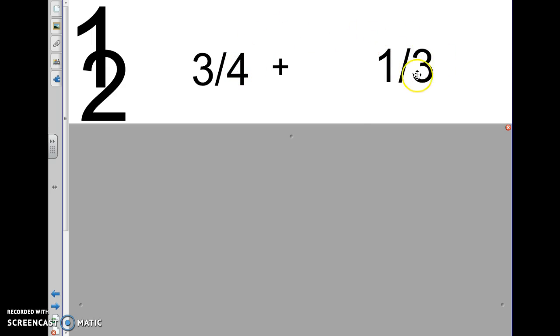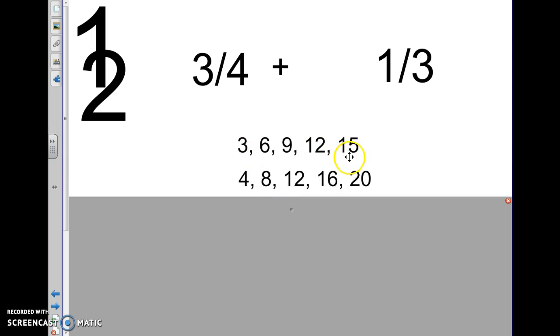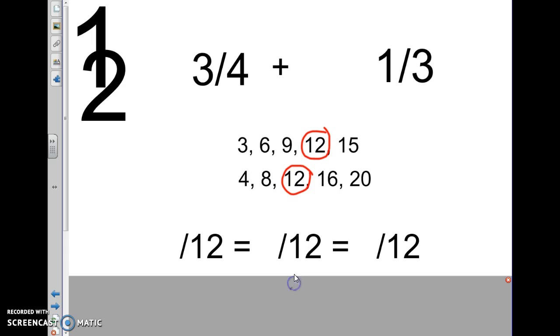Again, we can make multiple lists, multiple towers of each of those numbers: 3, 6, 9, 12, 15, and 4, 8, 12, 16, 20. And of course 12 is the number they have in common. So the lowest common multiple is going to be our common denominator.